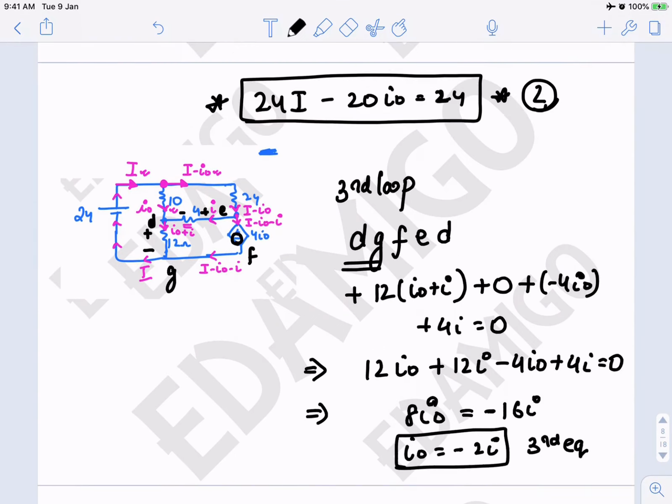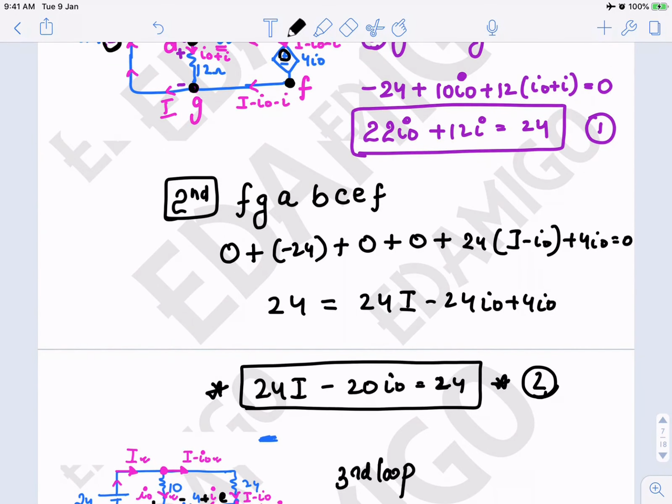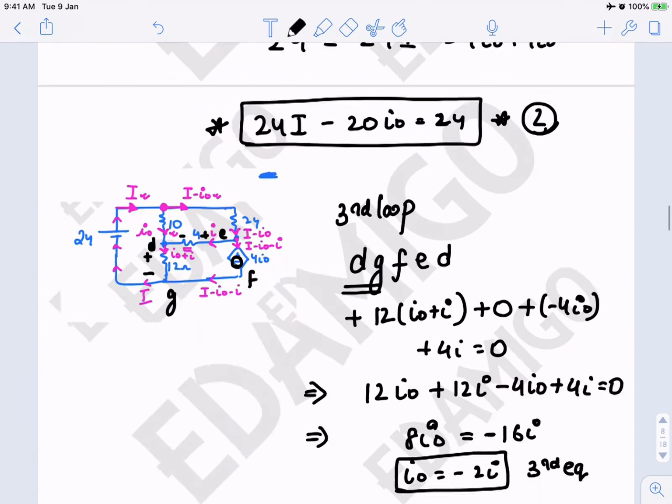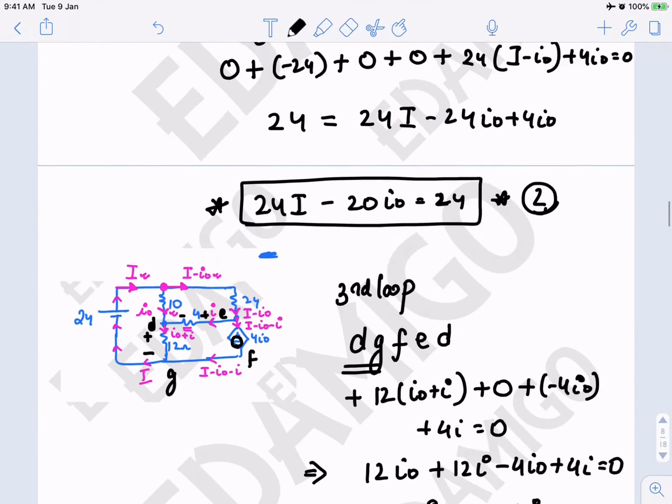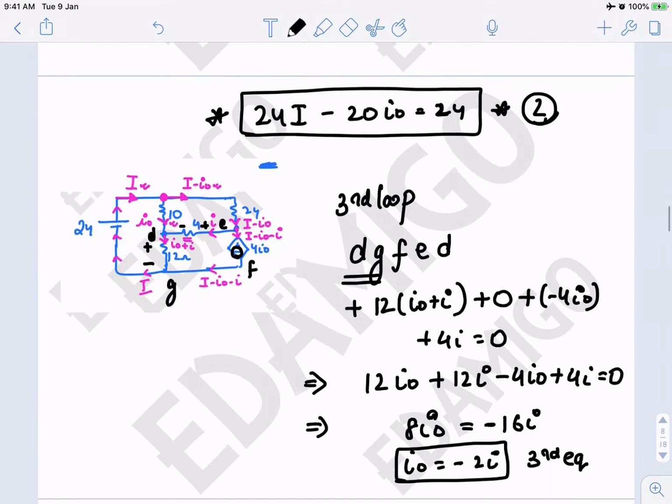Okay, so let me collect all the equations. The first equation is 22 I naught plus 12I equals 24.